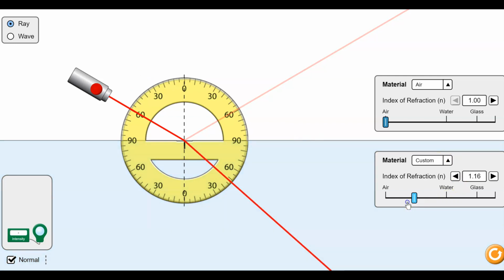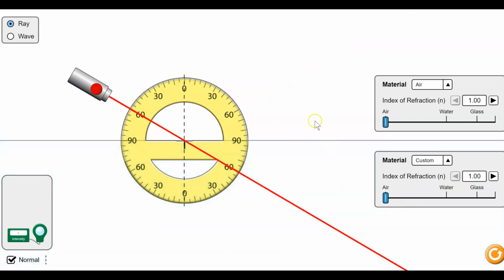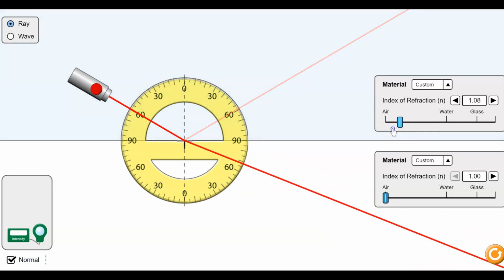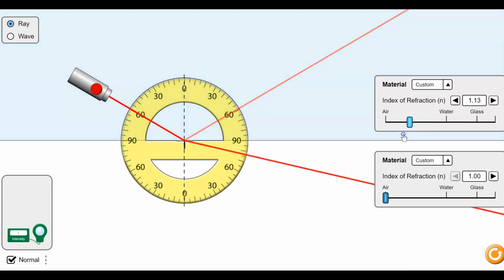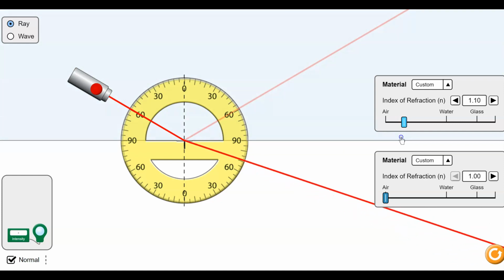Now, going back to our normal situation, I'm going to make the index of refraction higher in medium 1. If light starts off in water, let's say, as I move towards the index of refraction of water, you're seeing that the ray is bending away from the normal.